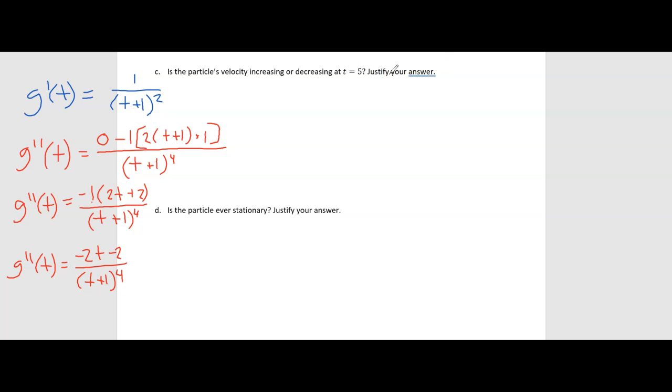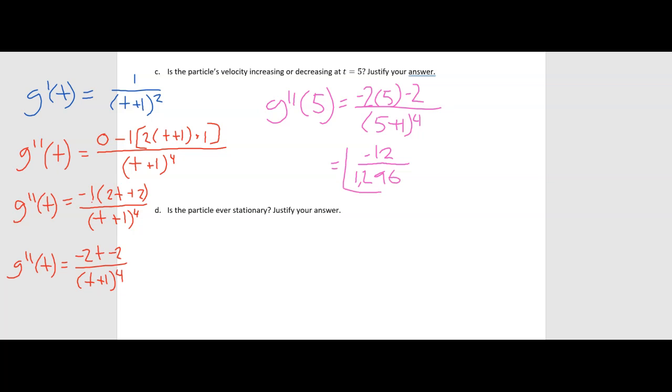I'm going to come back up here. So g double prime of 5 is equal to negative 2 times 5 minus 2 all over quantity 5 plus 1 to the 4th power. We're going to get some larger numbers here because 6 to the 4th is a bit bigger. So I get negative 12 all over 1,296. And I don't need to worry about simplifying because I really just care about the sign, right?